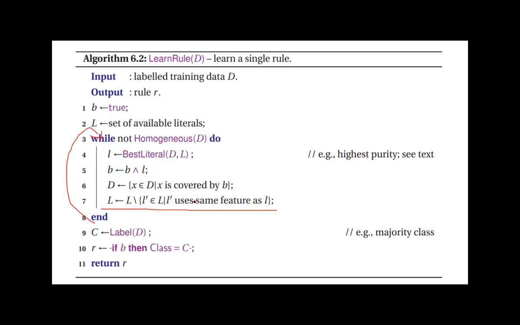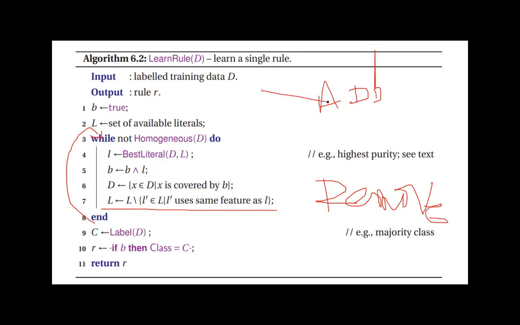The main part of this is add, remove. Where do you add? Here you are adding. This is called addition. And where do you remove? This is remove. You are removing from D and from L. And again you are going back. So this is how it goes.